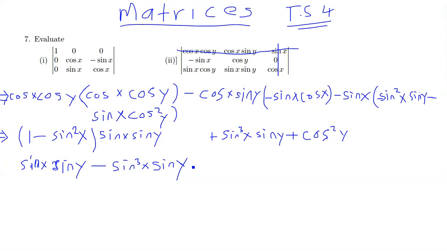You get something like that. And then you add it to this side: sine cubed x sine y plus cos squared y.